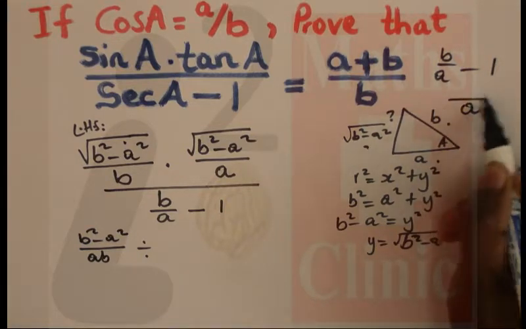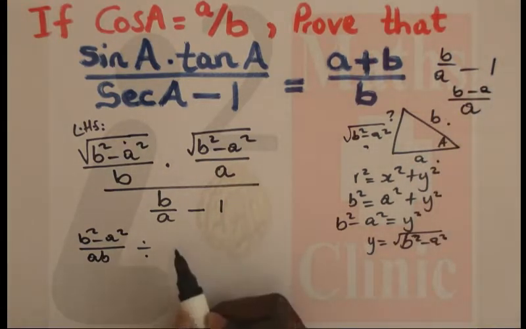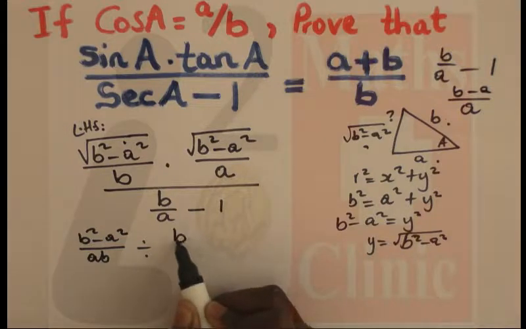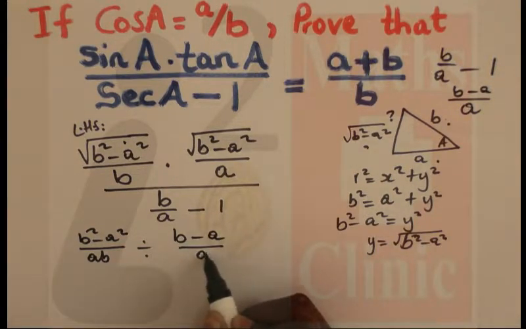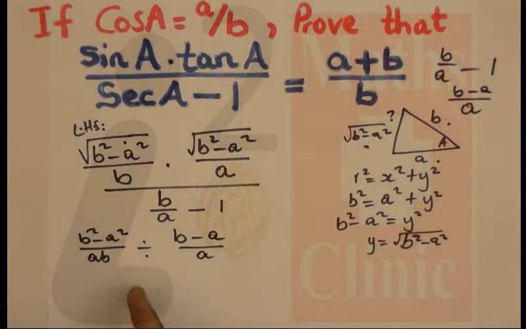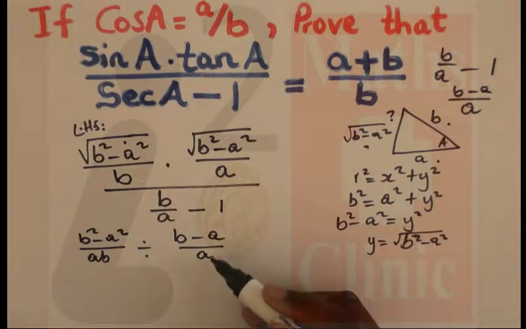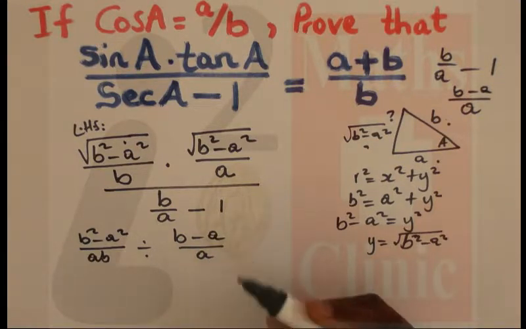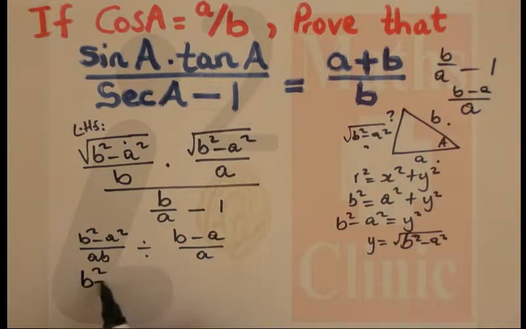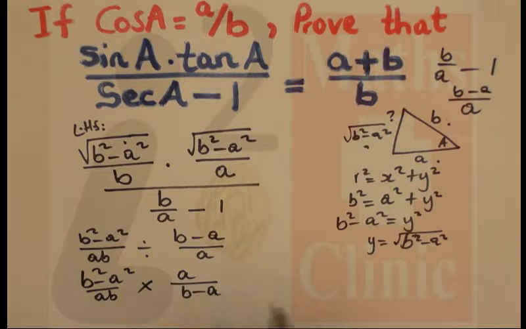Simplify this fraction using the LCD, so it's B minus A over A. Then we change the division sign to multiplication, so B squared minus A squared over AB times A over B minus A.